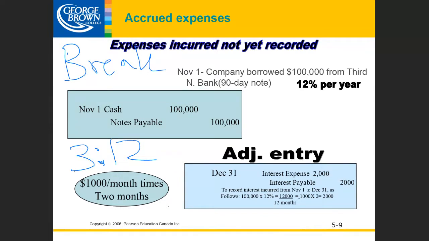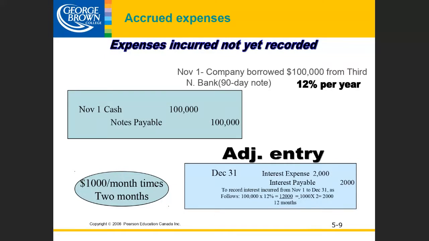So now we're going to talk about accrued expenses, or expenses that have been incurred but not yet recorded, mainly because we haven't received a statement or some sort of bill to show that that expense has been incurred. So the example we have here is that you have a $10,000 loan.